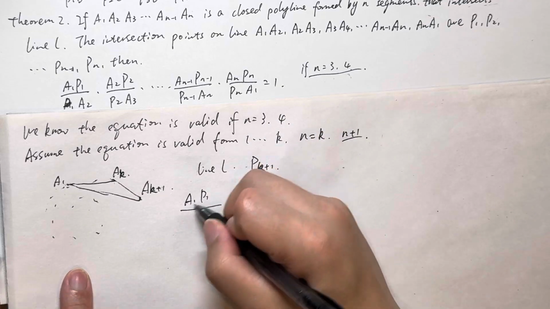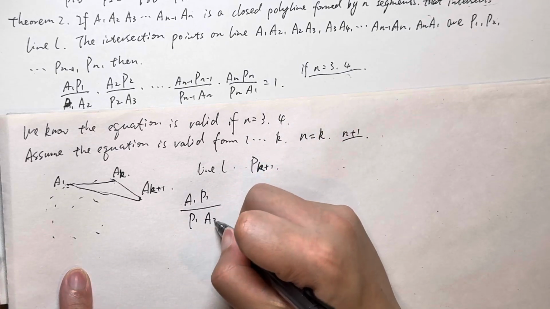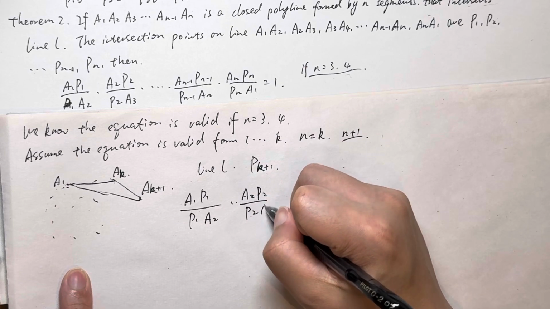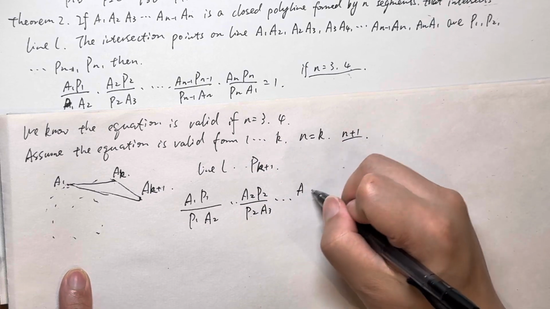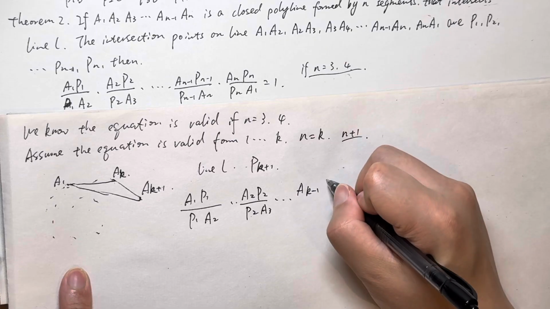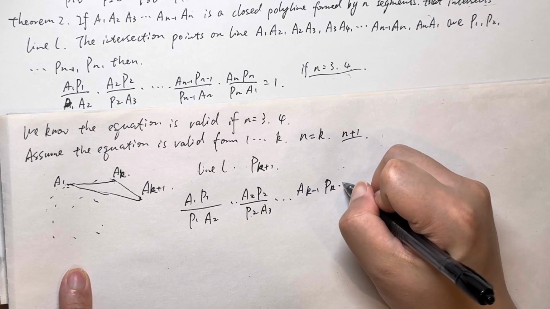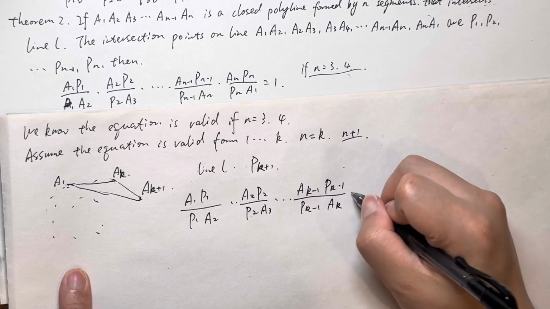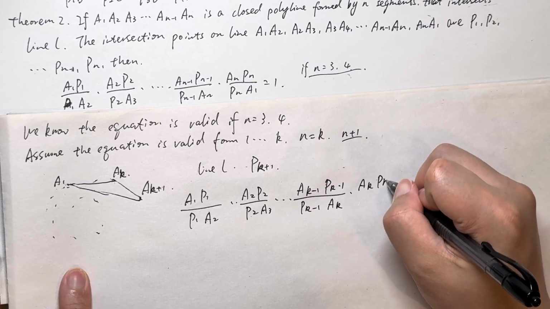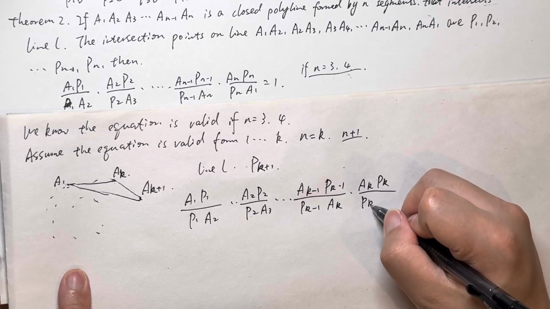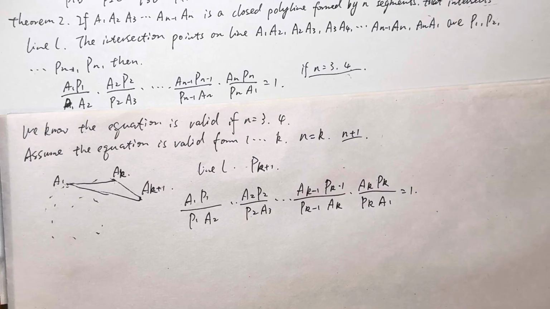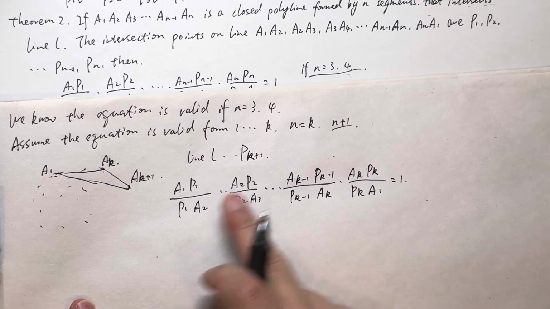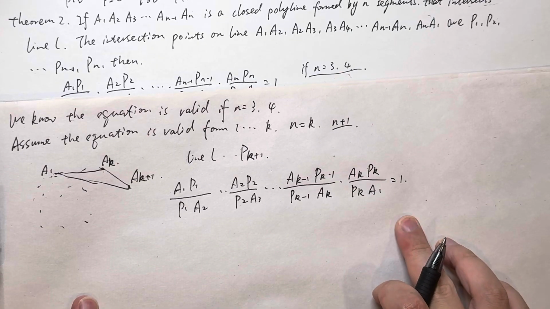So A1P1 to P1A2 times A2P2 to P2A3, all the way to Ak-1Pk-1 to Pk-1Ak times AkPk to PkA1 equals 1. Right, this is valid. We know that it's valid, right?